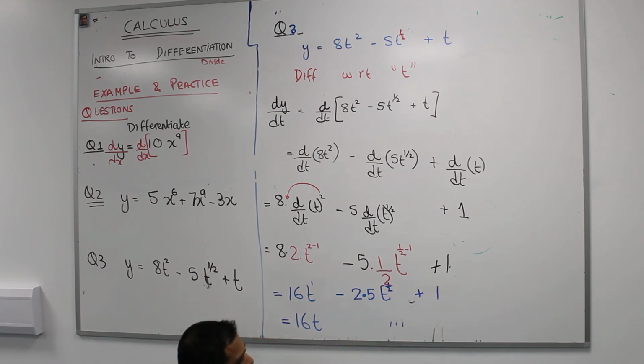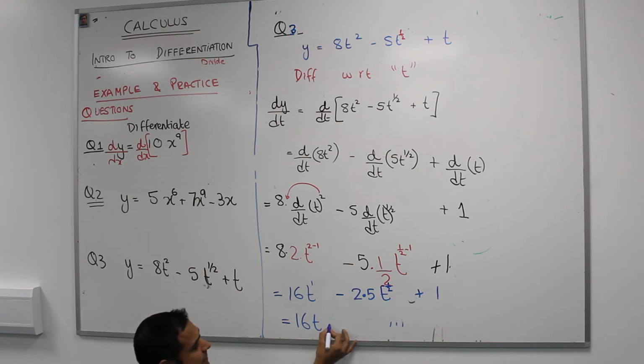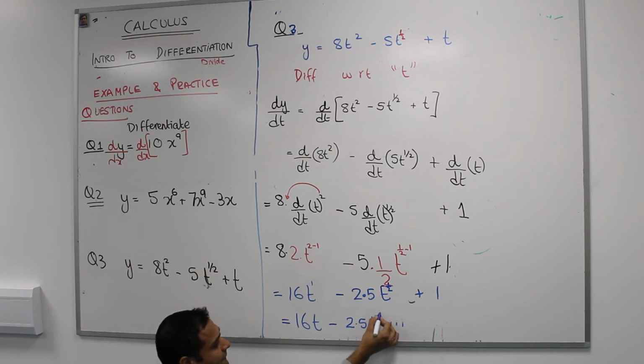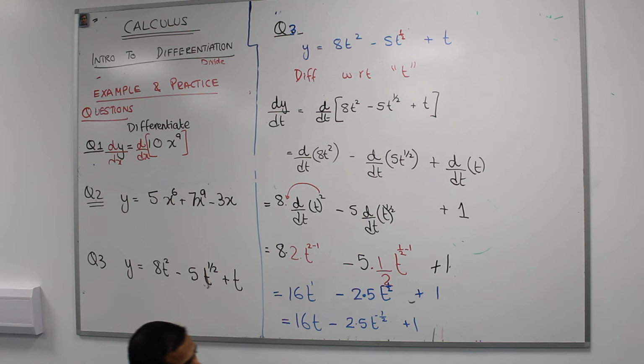Yeah? Okay, one thing you need to remember is this. You can write it like this, or I'm fine with that, you know. Or you can do one extra step.